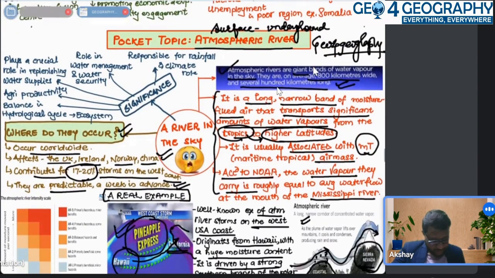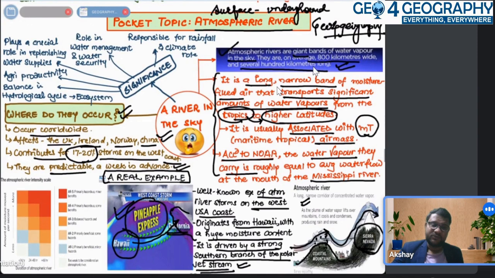Now, what is the significance of this atmospheric river? Just like a surface river has many advantages or significance to consider, does the atmospheric river also have significance? The answer is yes. What are those? It is responsible for rainfall and has a role in climate.